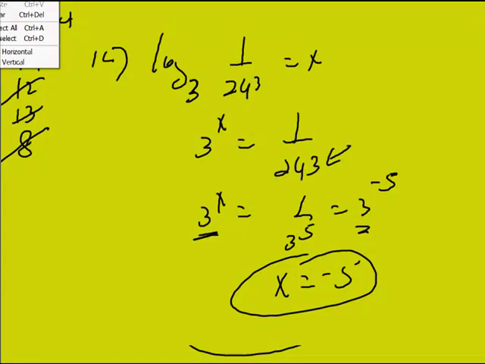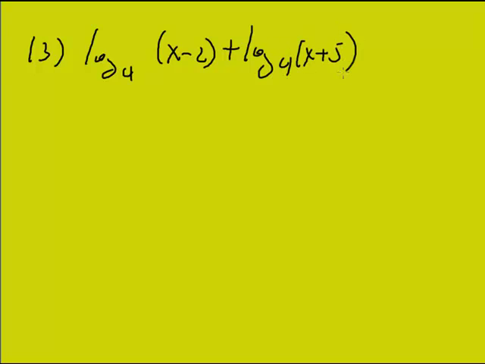Okay, and then we'll go 14. So 13, log base 4 of x minus 2 plus log base 4 of x plus 5 is equal to 2 log base 4 of x plus 1. When that's plus, it's multiplication.